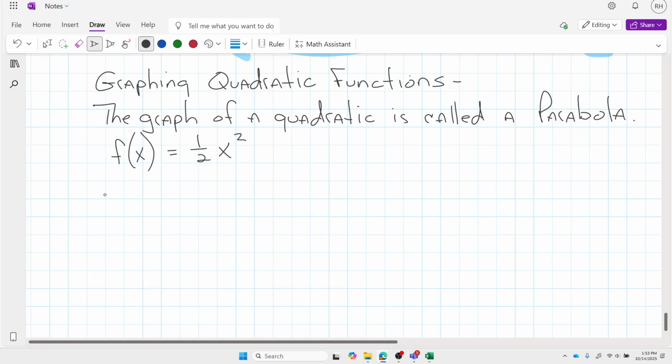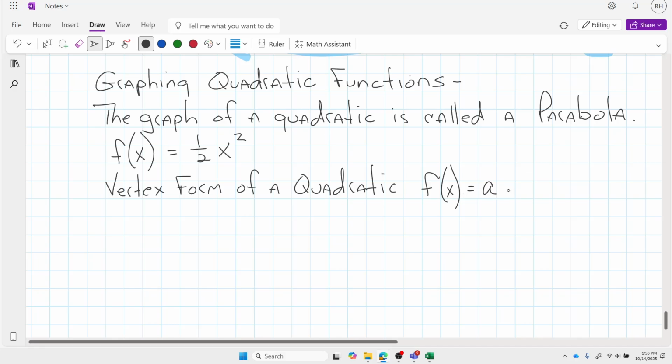Now, there's something that's called vertex form of a quadratic. And vertex form of a quadratic is f of x is equal to a times (x minus h) squared plus k.